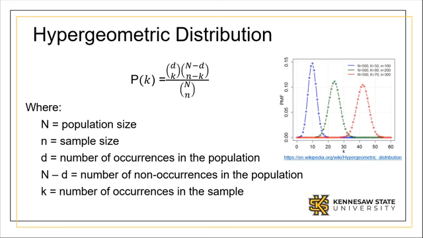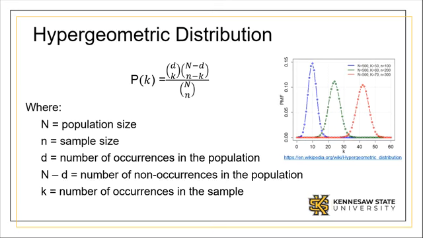The hypergeometric distribution is used to model discrete data. As you can see from the calculation, it consists of a series of combination calculations. Technology is best utilized. The hypergeometric distribution applies when the population size is small compared to the sample size.